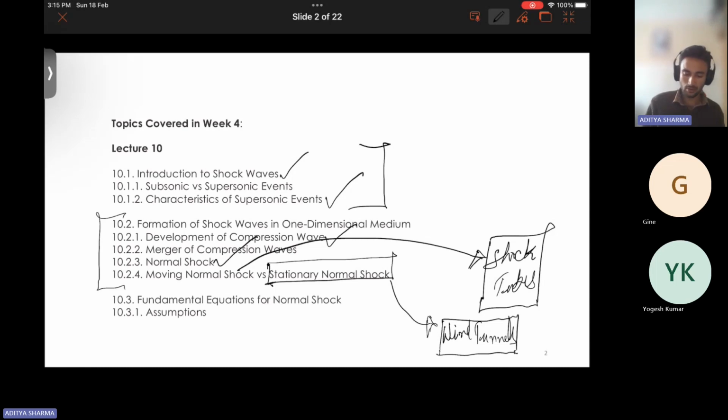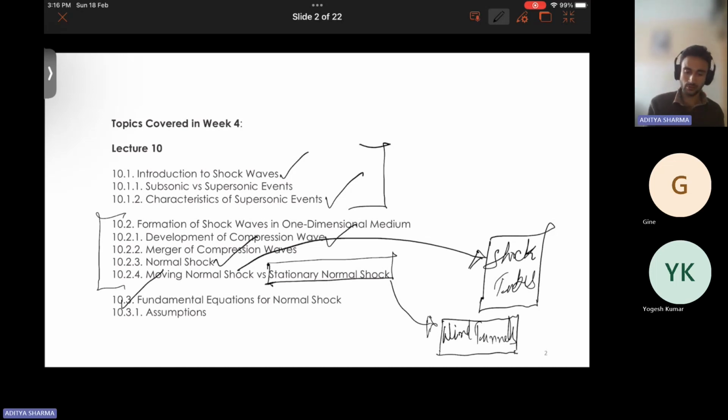Then we went on to learn these fundamental equations for normal shock. Across the whole study of fluid dynamics, you will come across these fundamental equations, be it incompressible flow, be it compressible flow.